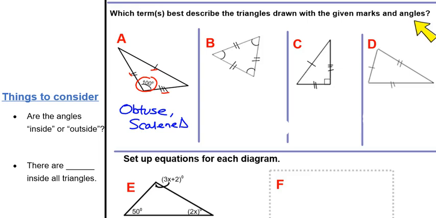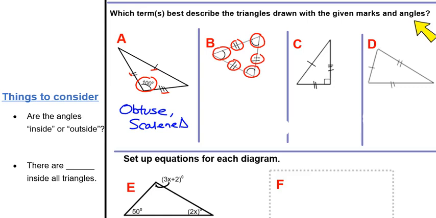When I look at question B, the one thing that I notice is that we have the same number of tick marks on each side, 2, 2, and 2. And then I do notice that all of the angles have the same marks there also. So that means all of the angles are the same.